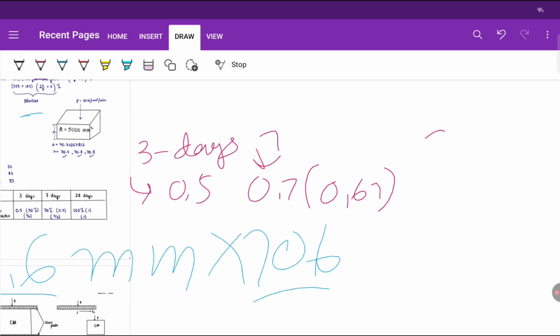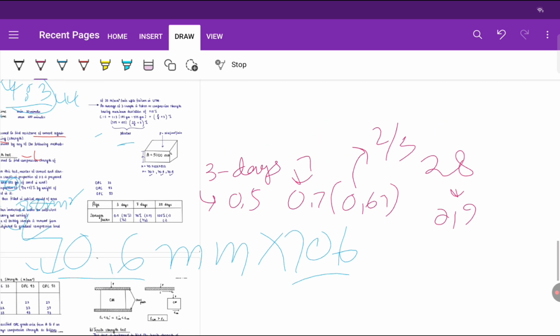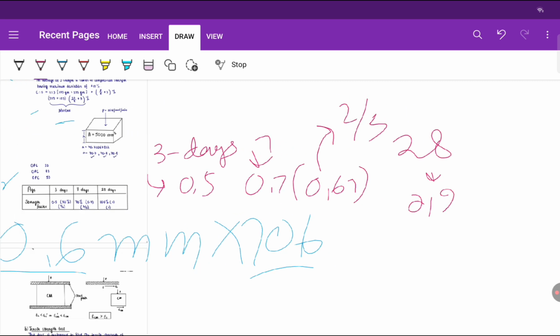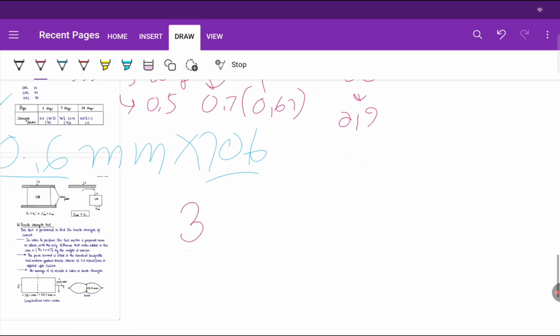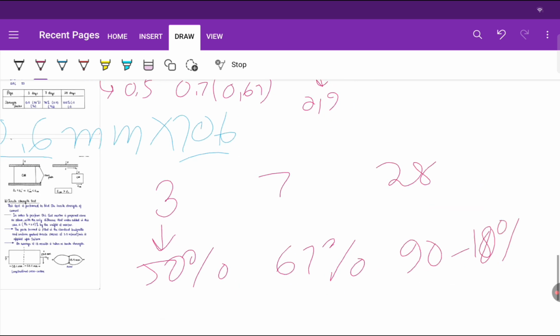And for 28 days you can take 0.9. It is 2/3 also, remember that. So at 3 days it gains 50%, at 7 days 67%, and at 28 days 90 to 100% strength. So remember this.